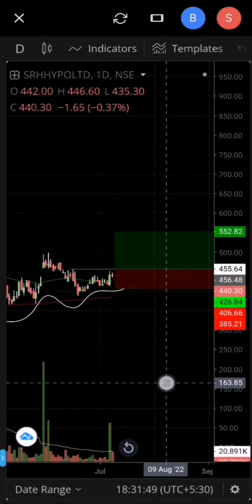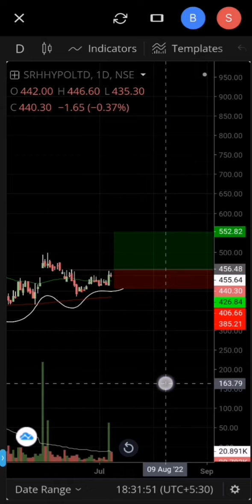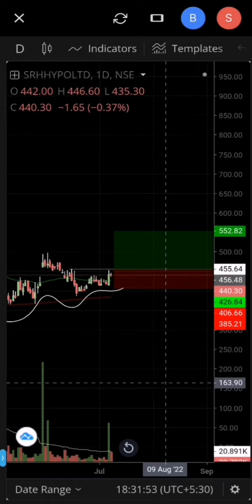And once this area, that is 455, is taken out and the prices go up above that, there could be a chance to trade this stock on the long side.